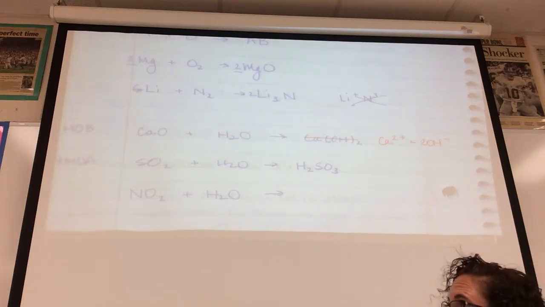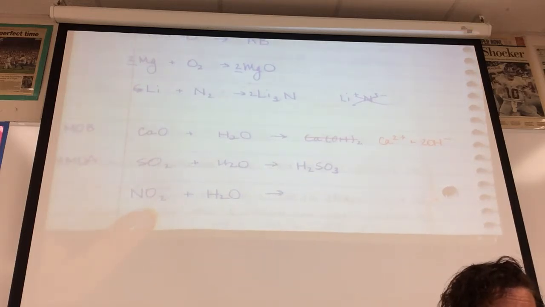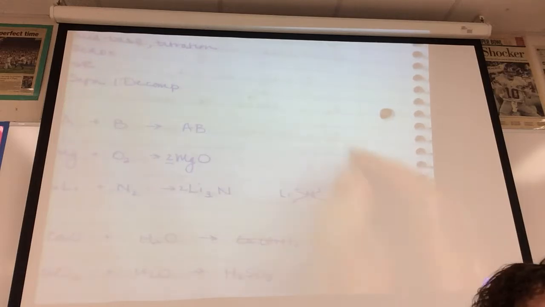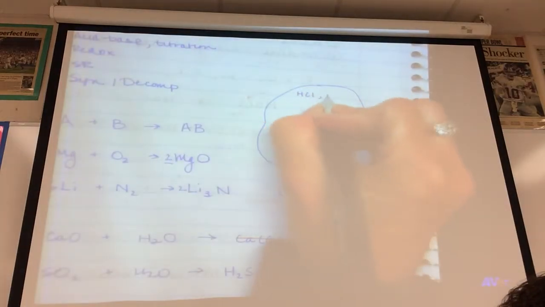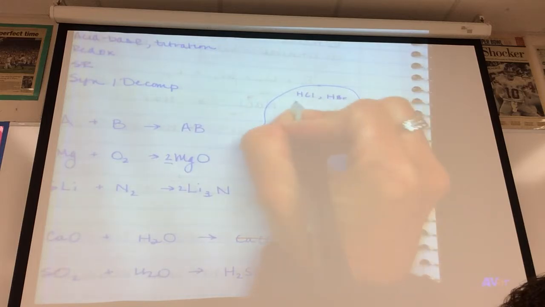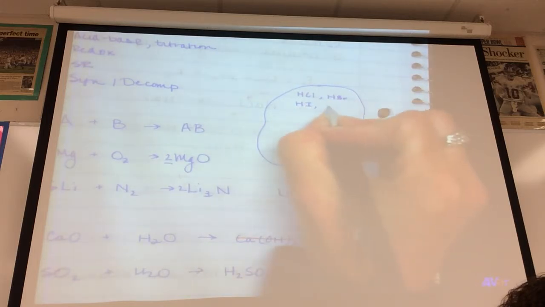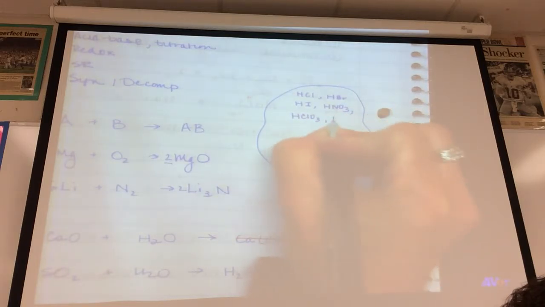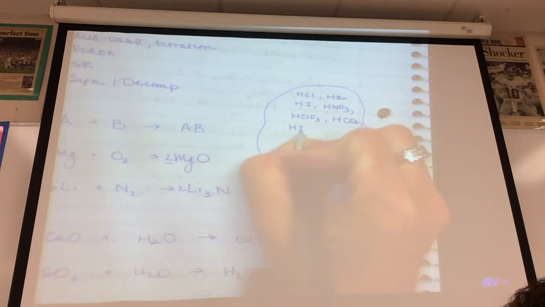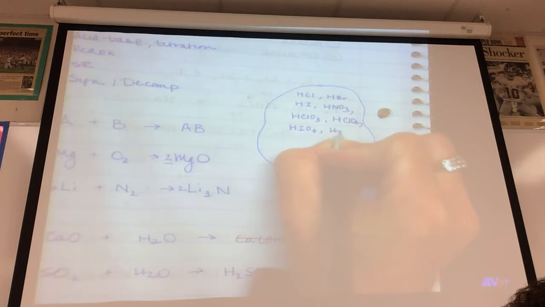Is that NO2 or NO3? NO2. How do you know if it's weak or strong? You need to know your strong acids. You have HCl, HBr, HI, nitric, chloric, perchloric, periodic, and sulfuric.